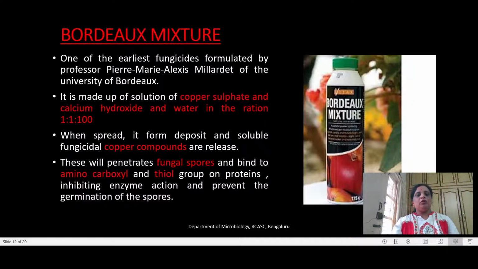So what this copper does: this Bordeaux mixture penetrates inside the fungal spore, binds to the amino, carboxyl and thio groups of protein, inhibits the enzyme action and prevents the germination of the spores.